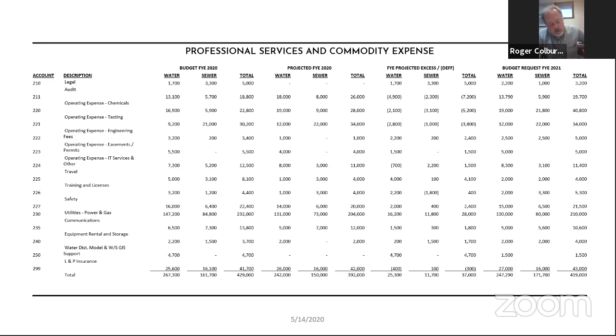We pay annual fees for those permits, and what they use those fees for is to cover their insurance for those crossings underneath the tracks. That's an annual 5,000 on the water side. That 2,500 and that 2,500 is for miscellaneous engineering expenses.